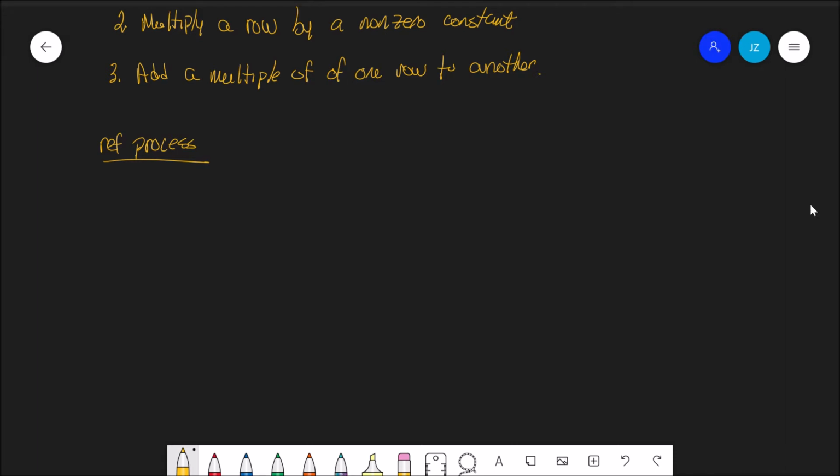We need to start by looking in the matrix A for the first column with a non-zero entry. This column is called the pivot column, and the first non-zero entry is called the pivot.